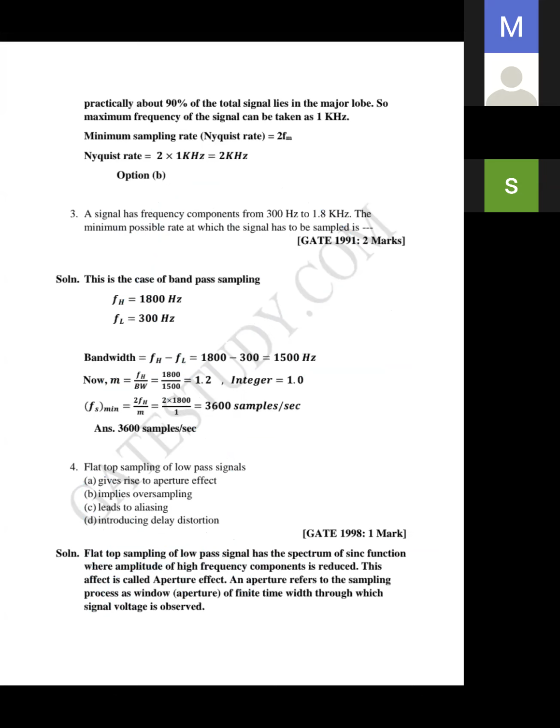Now as we are using flat top sampling, the peak amplitude is reduced. The amplitude of the highest frequency components is reduced because it is flat top sampling.